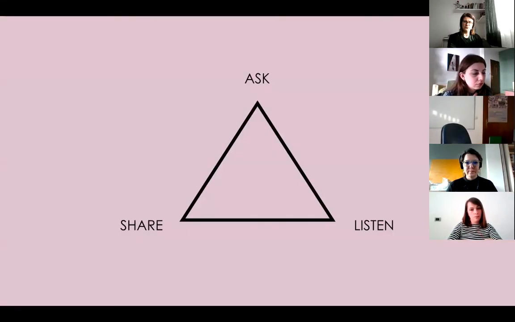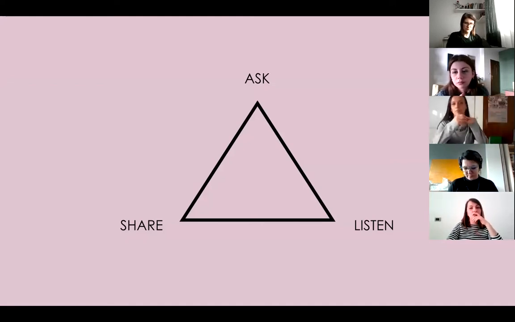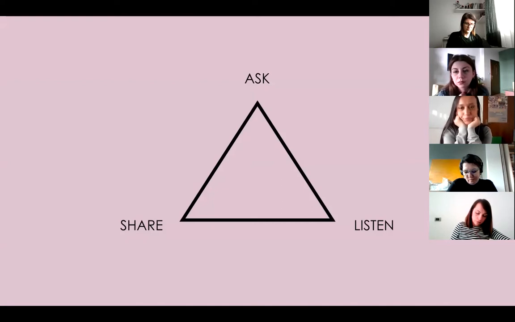So I usually say that, if you aim, which of course is not a mathematical idea, but if you aim a little bit for balancing between those 3, the listening, the asking, the sharing, between the 2 of you, if you're 2 in a conversation, and also perhaps a little bit within yourself.